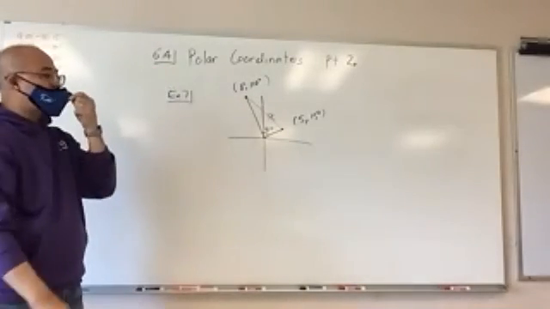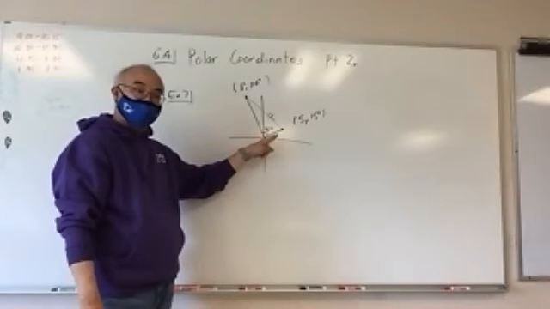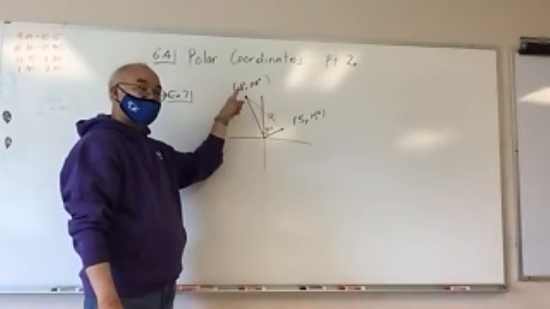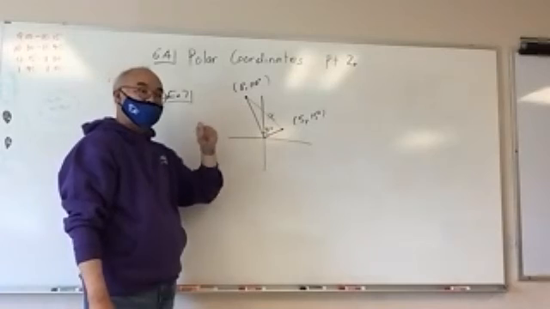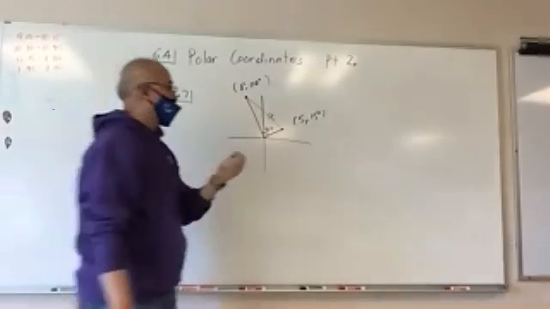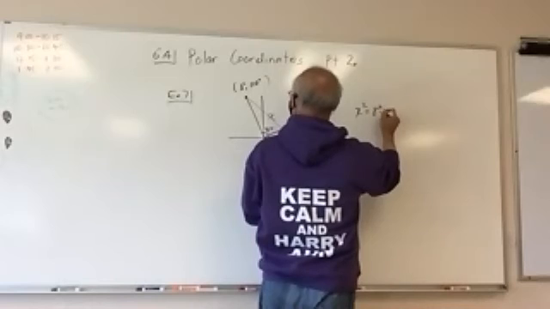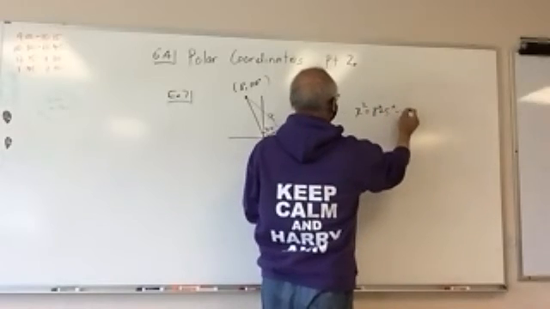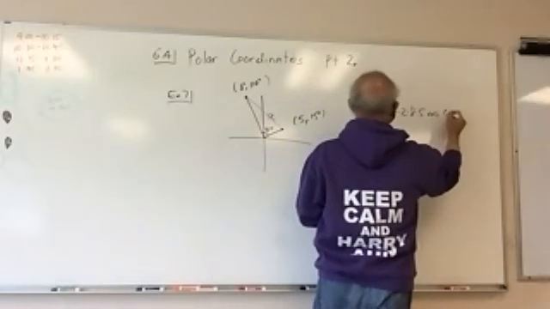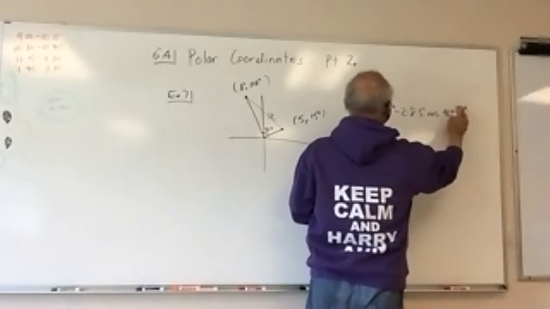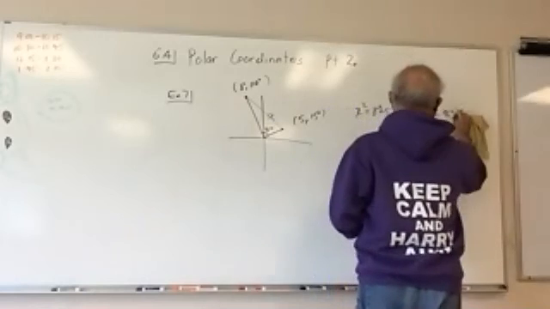So basically I have a side angle side question. I want to find this guy. So side angle side, remember we used the law of cosines. 95 degrees.